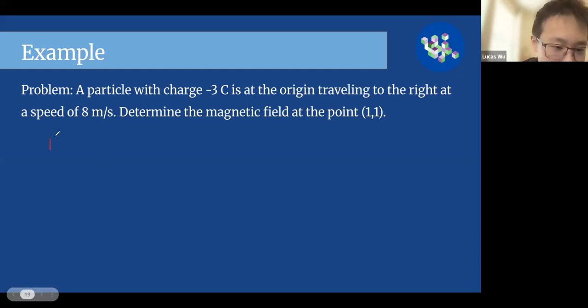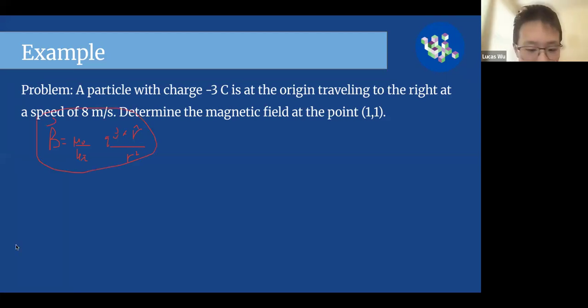So remember, B equals mu 0 divided by 4 pi, times Q times the velocity vector crossed with the unit vector, divided by r squared. Take a moment to do this. It's just plugging in some numbers, to help you remember the formula for the Biot-Savart law. I'll give you maybe 30 seconds to do it.